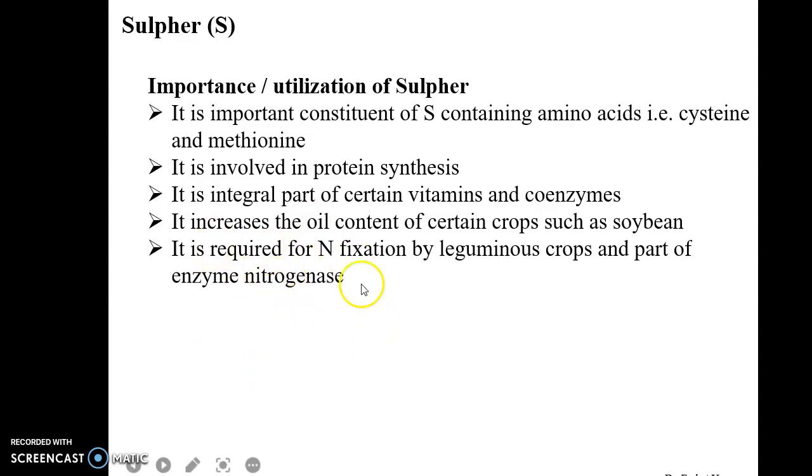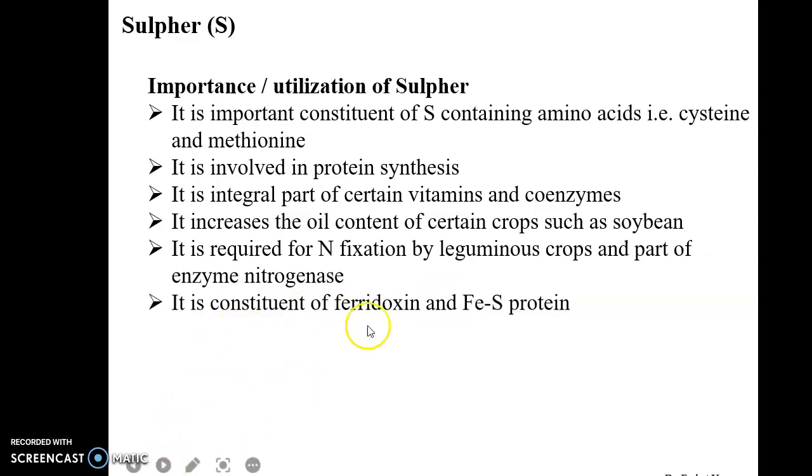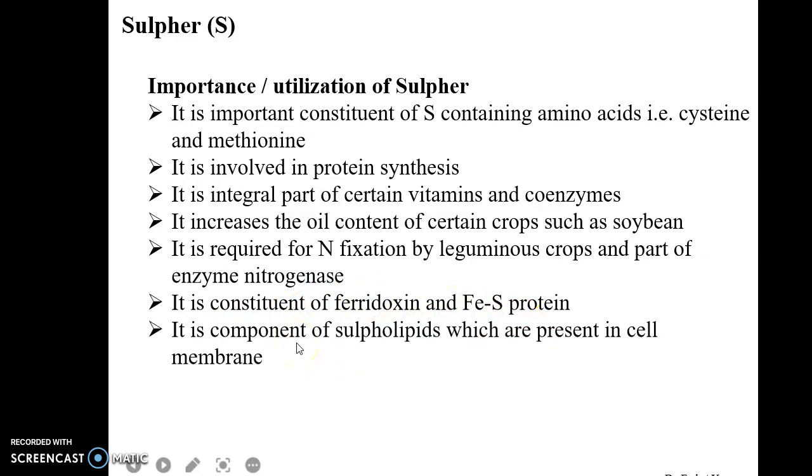It is also required for nitrogen fixation by leguminous crops and plays a role in the enzyme nitrogenase. It also constitutes ferredoxin and Fe-S proteins, and is a component of sulfolipids present in the cell membrane. So these are the utilizations or importance of sulfur.